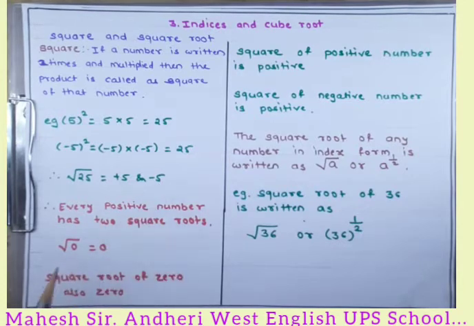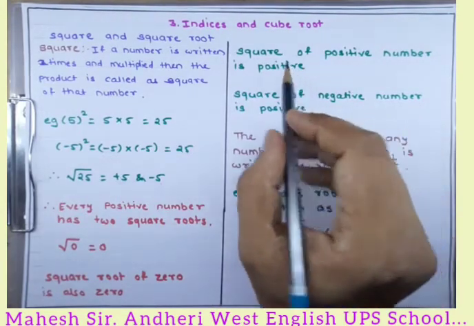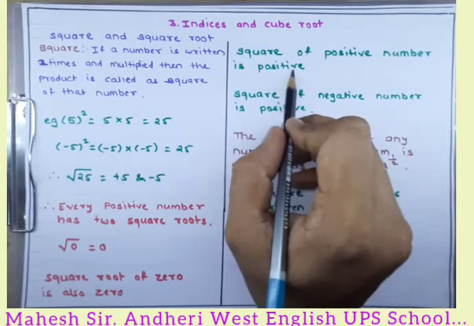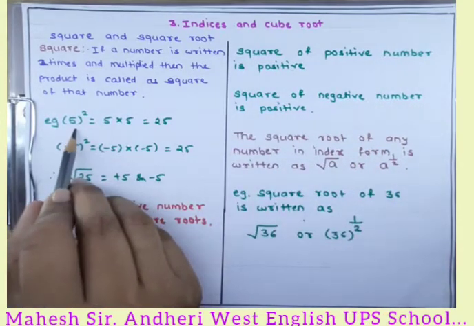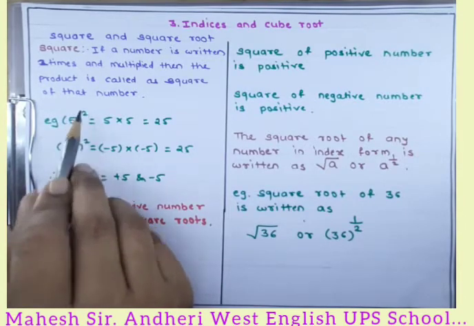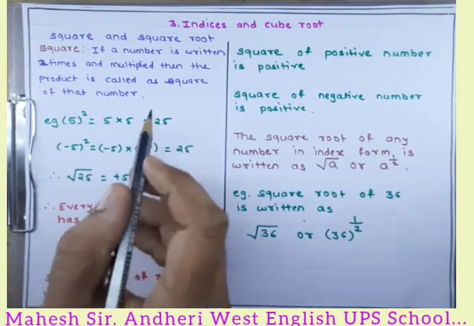Next, square root of 0. If we have to find the square root of 0, then the answer will be 0. So I will write square root of 0 is also 0. Next, the square of a positive number is positive. Here in this example, 5 is positive, so its square is also a positive number.